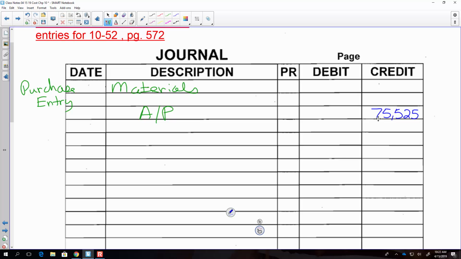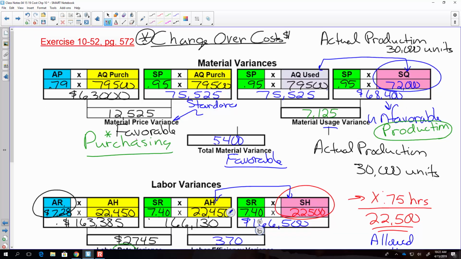We paid 63,000, I thought, for materials. Oh, what's the 75.5? Is that what we used? The standard, the actual. Oh, yeah, it's the 63, that's what we actually paid. Yep. The 75,525 is the standard.